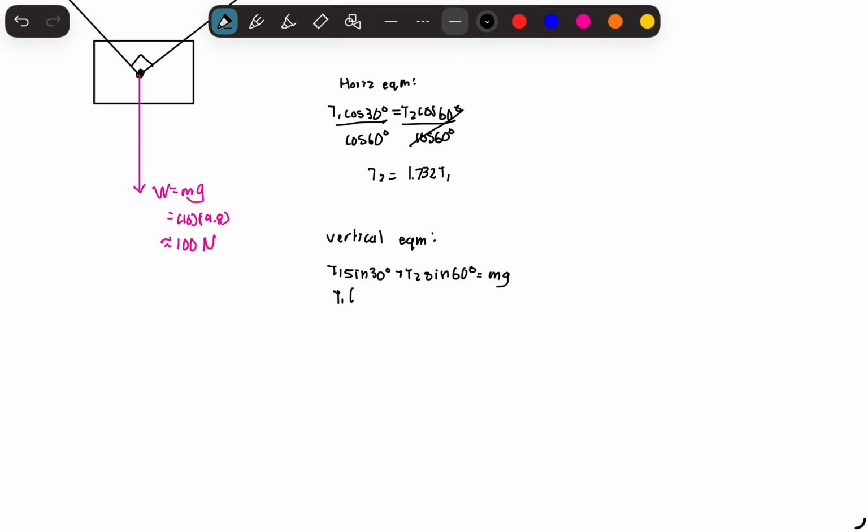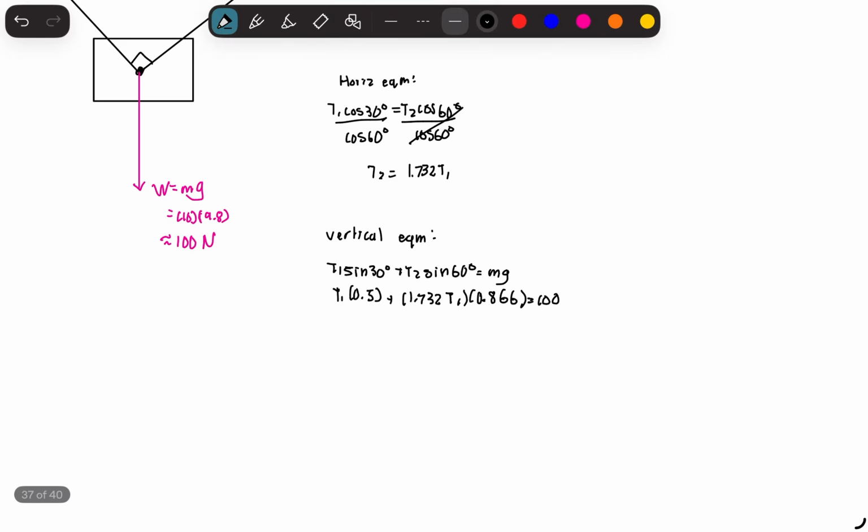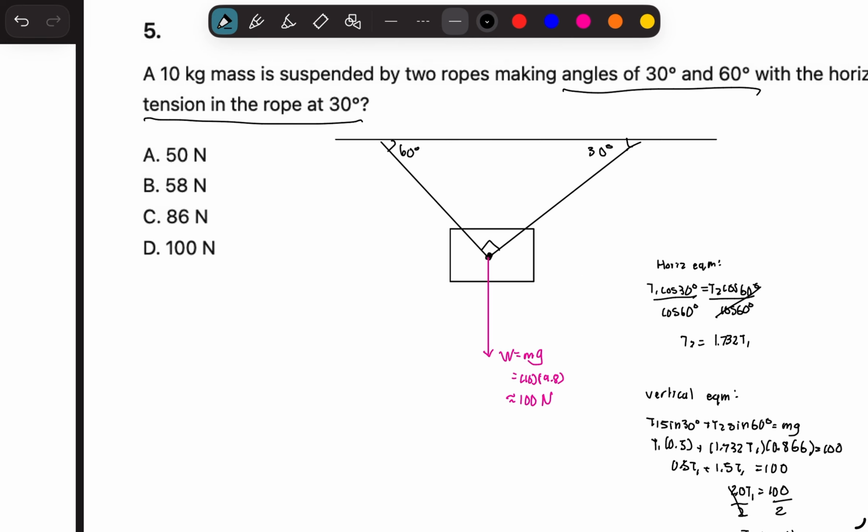So T1 times 0.5 plus 1.732 T1 times 0.866 is equal to 100. So your answer is 50 newtons for T1.